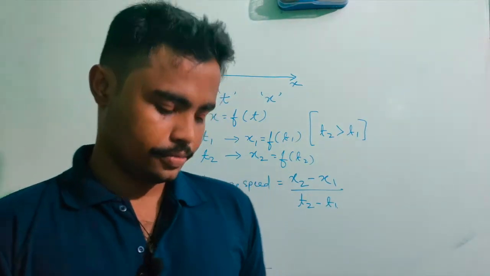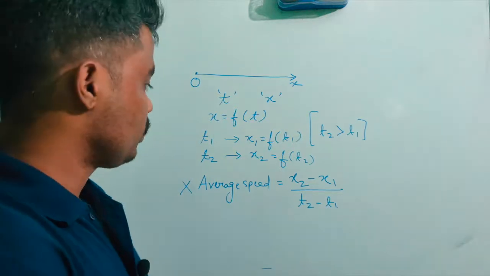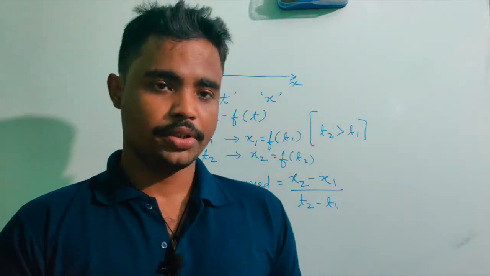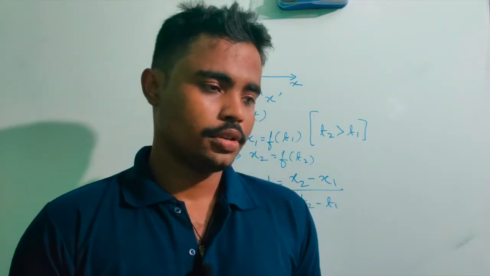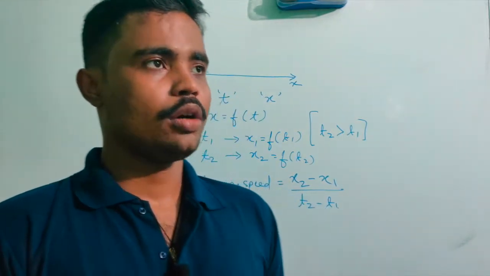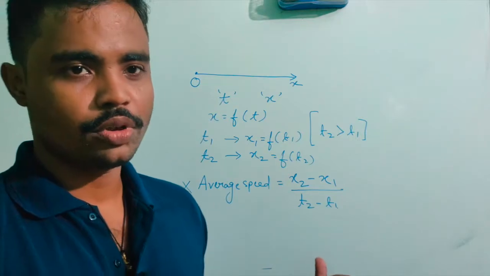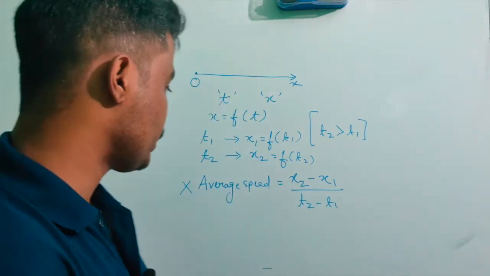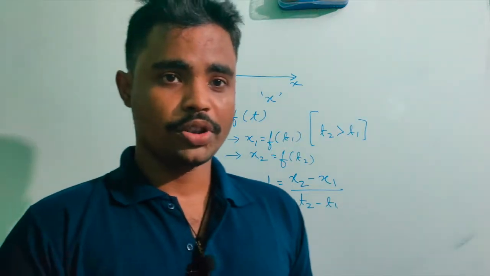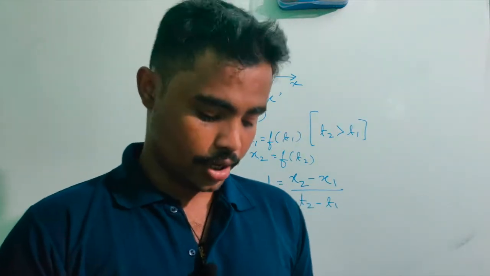So how to find it? For this we have to know the concept of limit, and after we learn how to calculate limit, then I will show you how to find the instant speed, or we can say instant rate of change of displacement with respect to time.